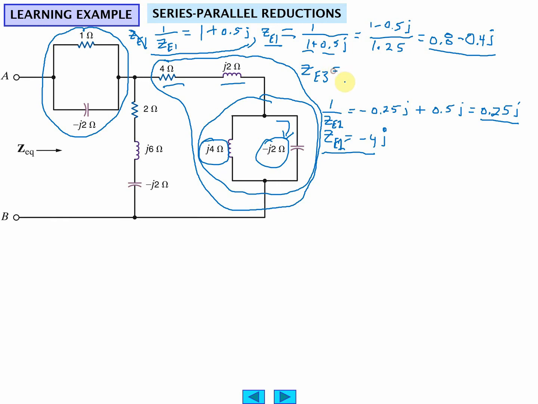ZE3 is 4 ohms plus 2J ohms, that's this guy here, plus finally this guy here, minus 4J ohms, which equals 4 minus 2J ohms.